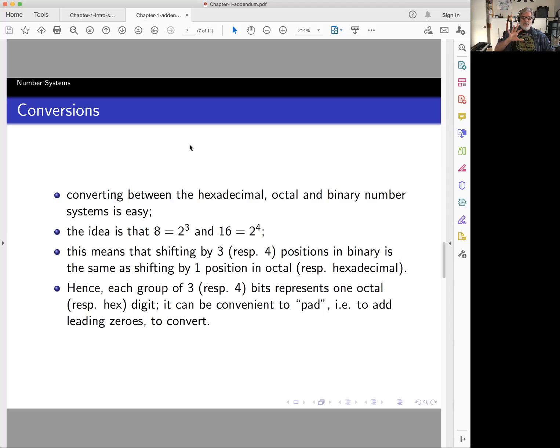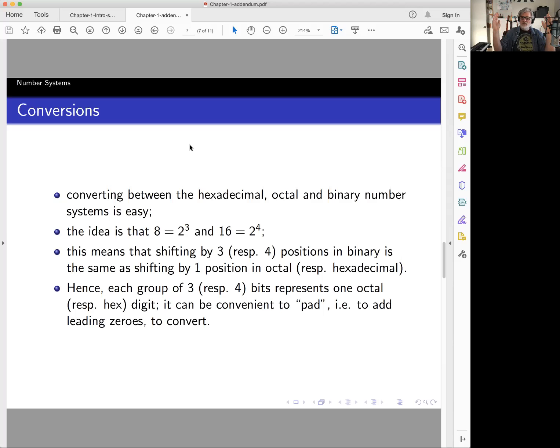If you look at a number written in binary, shifting by 1 to the left means multiplying by 2, right? The value is twice what it was in the previous column. If you move by 3 positions, it's 2 times 2 times 2, 2 power 3 is 8. So shifting by 3 bits is like multiplying by 8, okay? And if it's 4, it's multiplying by 16, because 2 power 3 and 2 power 4 are 8 and 16.